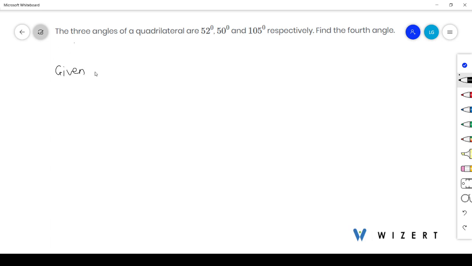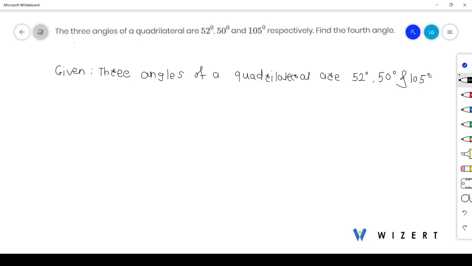Here we have given three angles of a quadrilateral are 52 degrees, 50 degrees and 105 degrees.